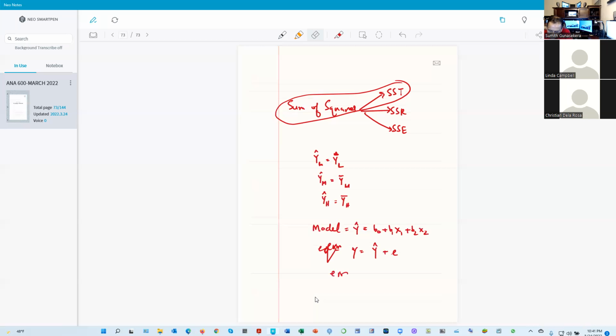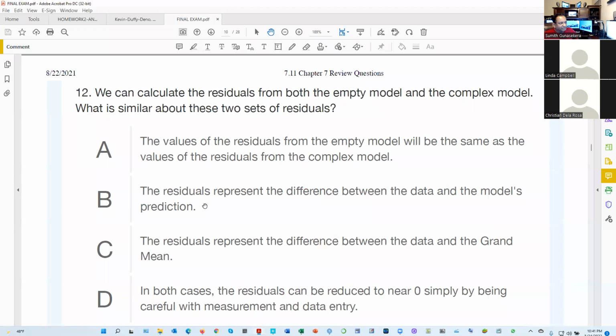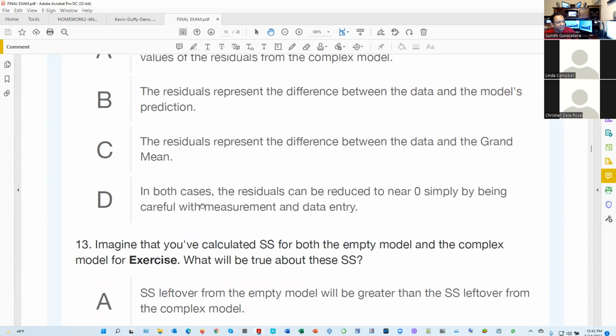Then the error is nothing but e is y minus y hat. Okay, y minus y hat equation. That's right. This is called the predicted value. This is called the data. That's right. 12B, the residual is the difference between the data and the model's prediction.